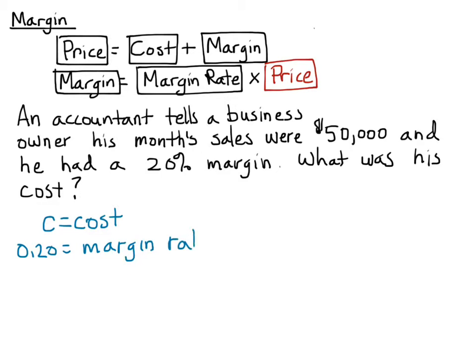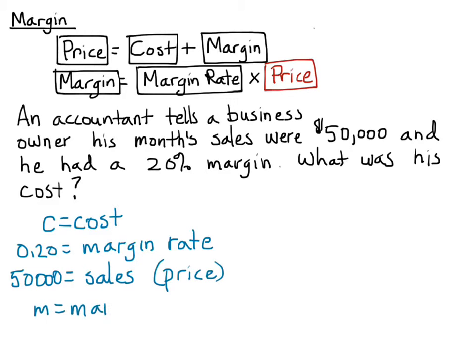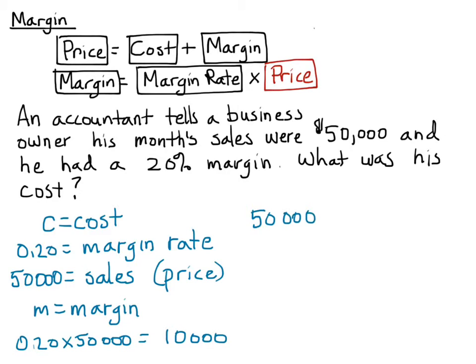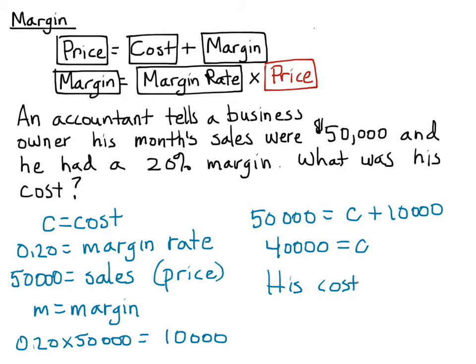And so we apply this to our margin. We say, okay, we don't know the cost, so C is the cost, 20% is the margin rate, the sales is $50,000. And so our margin is $10,000. And so if we have C plus $10,000, his cost was $40,000.